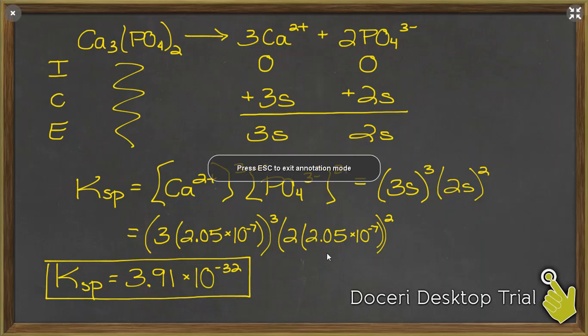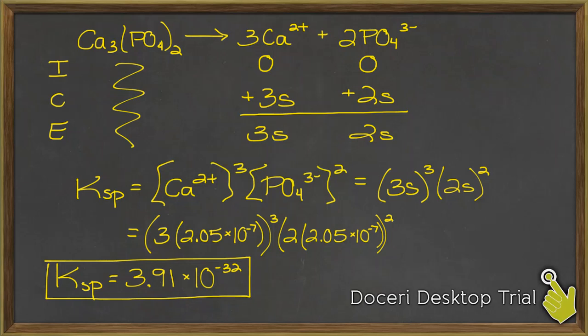So then on this line, I substituted in that solubility value that I was given. I just substituted it in anywhere that I saw the letter S, and this is my final answer. And guys, look at that number for Ksp. That is a really, really small number.